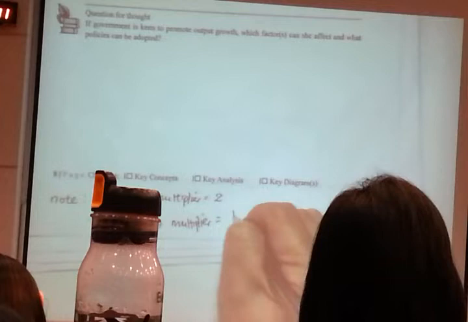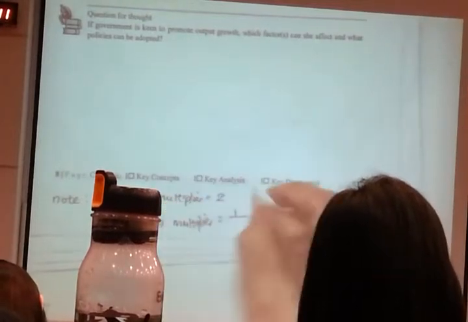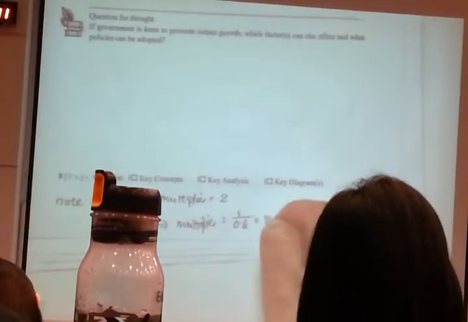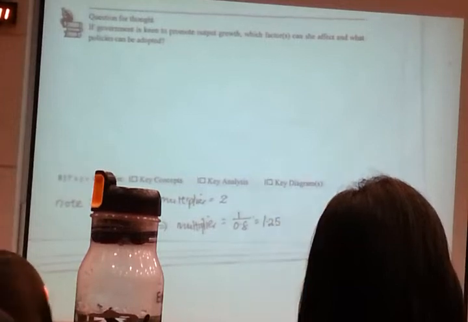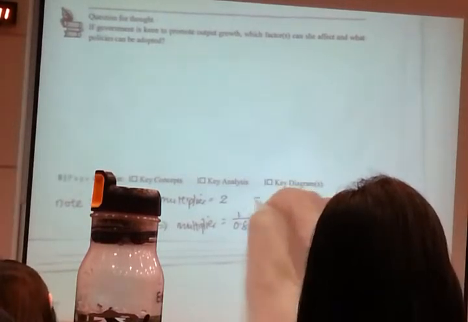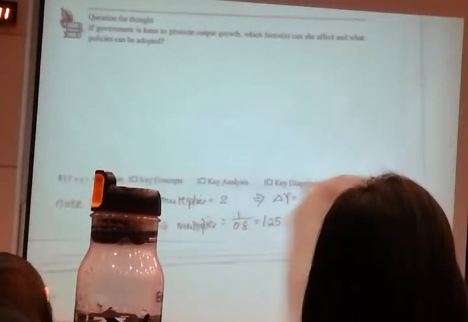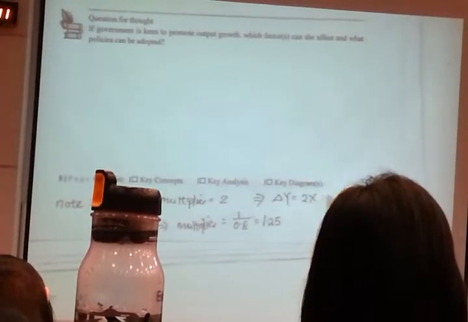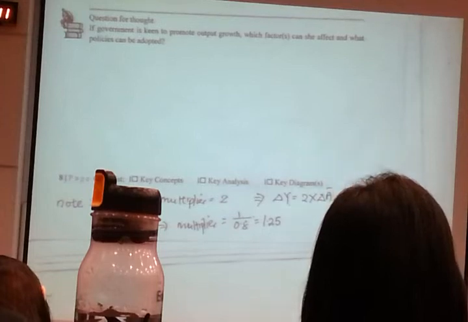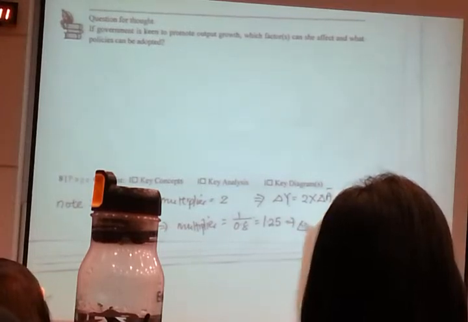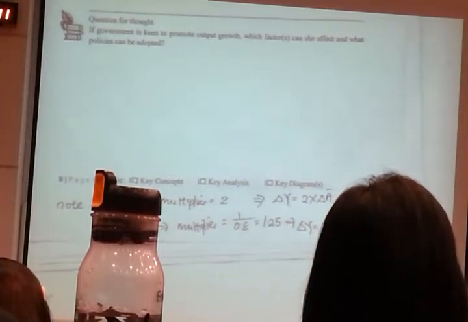The impact is 1 over 1 minus 0.2, which is 0.8. This multiplier is only 1.25. So that tells you in most countries, change in income is 2 times change in A bar. But in China, change in income is only 1.25 times.